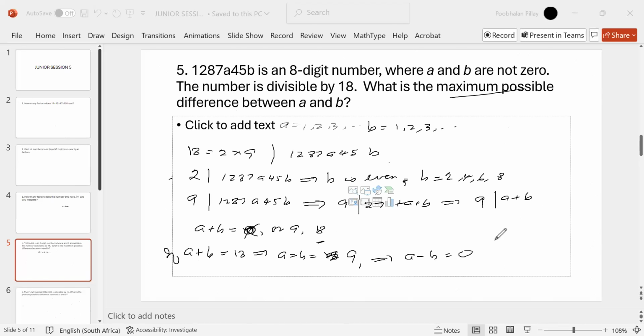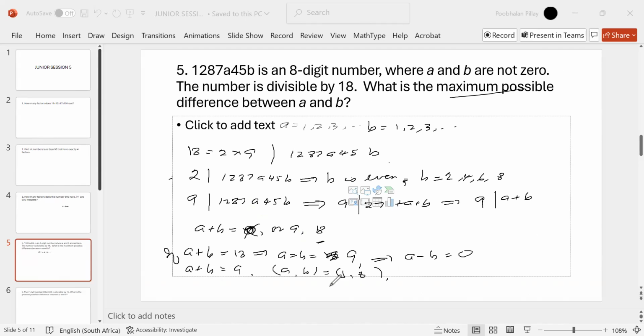Okay. Now, the other case is if A plus B equals 9. That's a possibility. So in that case, two digits adding to 9, you can have 0 plus 9, but you're not allowed to put 0. So you can have 1 plus 8.